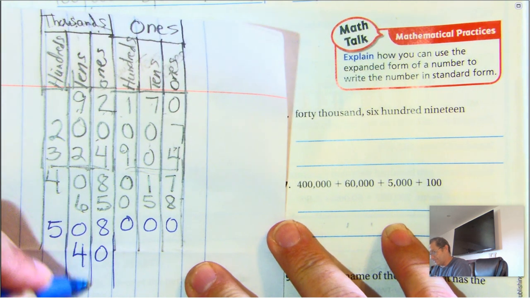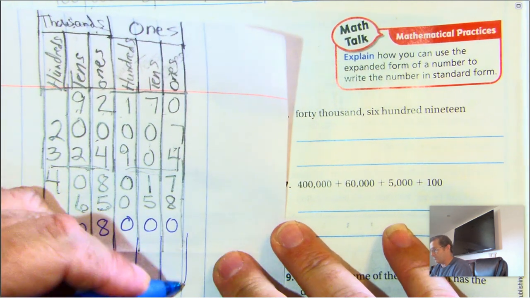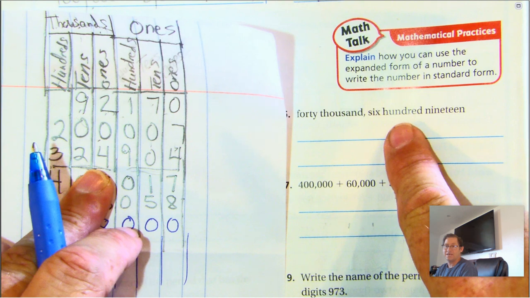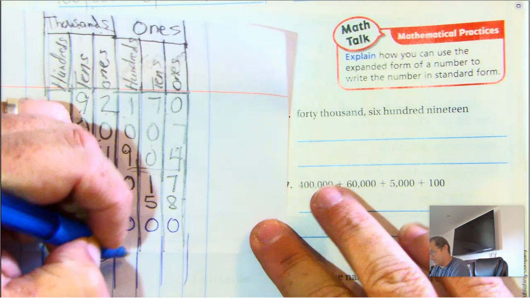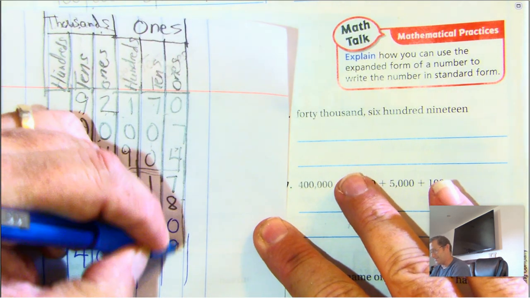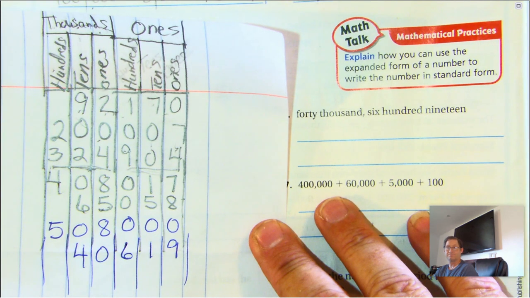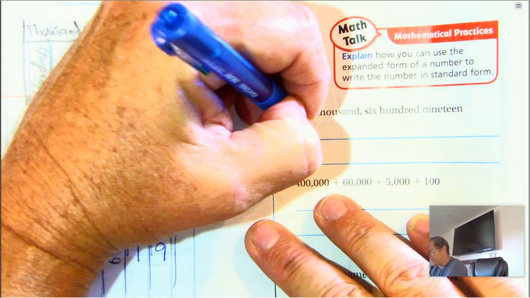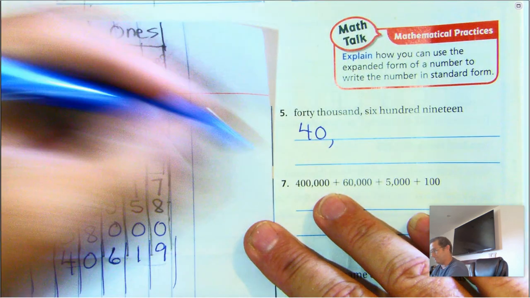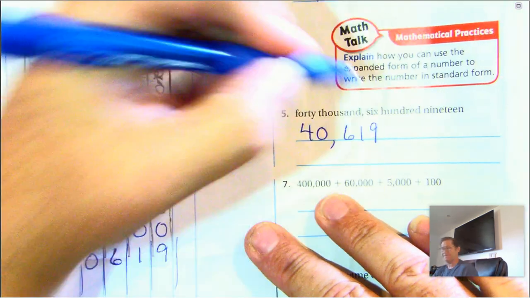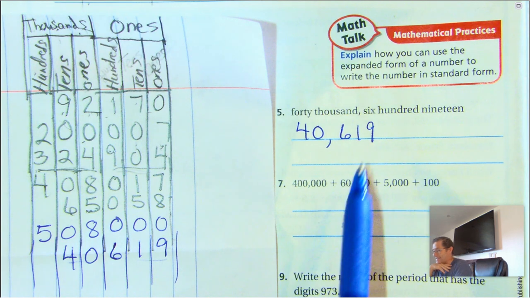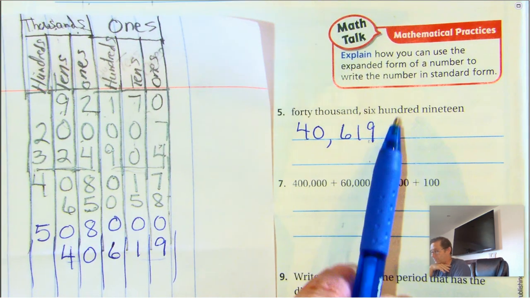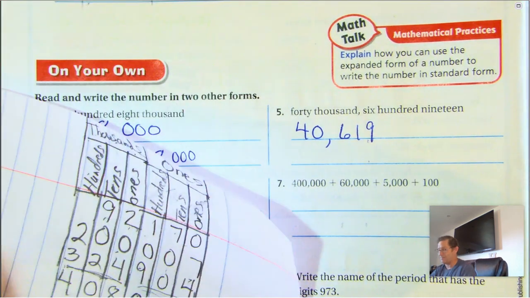And then our next place value, the rest of the number says 619. So I'm going to put 619. Oh, well, that's the standard form, right? So let's just write that. 40,619. So we have standard form, word form, and we just need to write it in expanded form now.